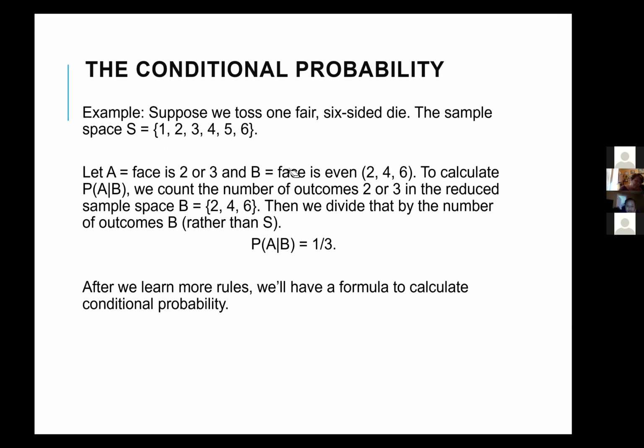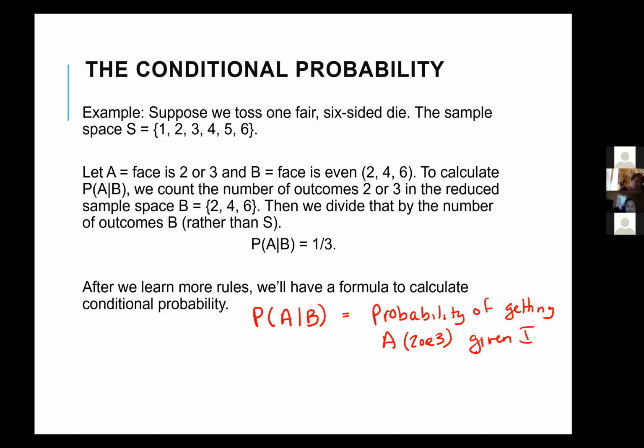All right. The probability of A given B is the probability of getting A, which is a 2 or a 3, given I rolled an even number, a 2, a 4, or 6.